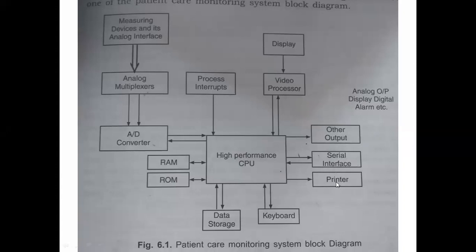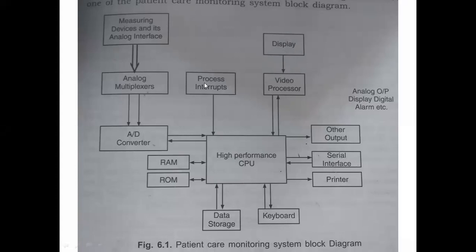We can get the ECG waveform in printed form by using the printer, and there is interfacing for a keyboard, and we can store the recording of the ECG waveform using data storage, with RAM and ROM. And here we have a video processor, so that it will be displayed as video and we can observe it on the screens.